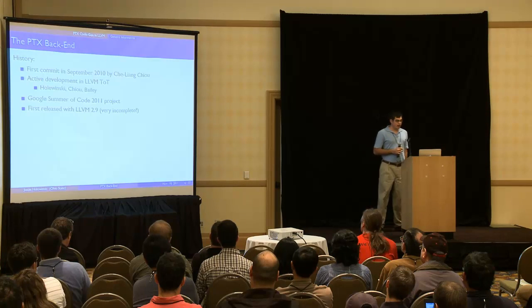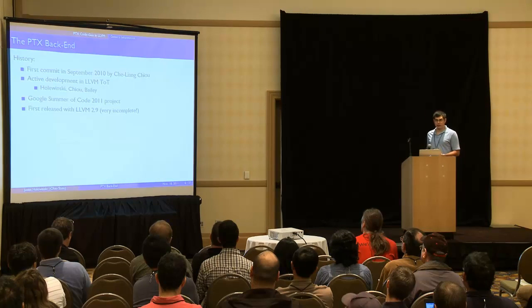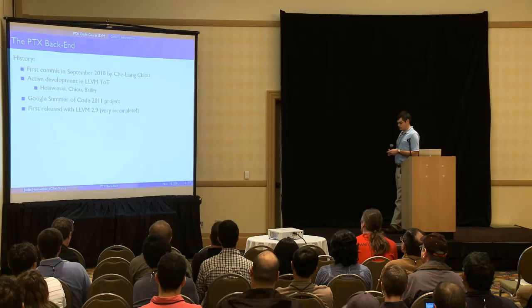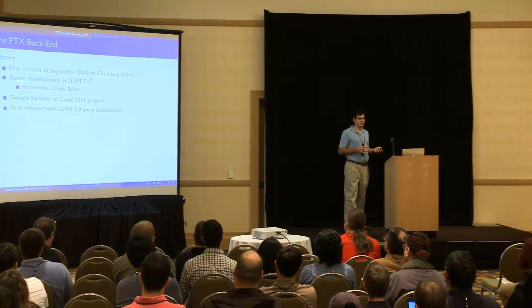It was also my Google Summer of Code 2011 project where significant work was done. And technically, the first release of this backend was part of LLVM 2.9. Now, when the 2.9 branch happened, there was very little implemented, so it's basically not usable in LLVM 2.9. But as of the 3.0 release, it is very much usable now.